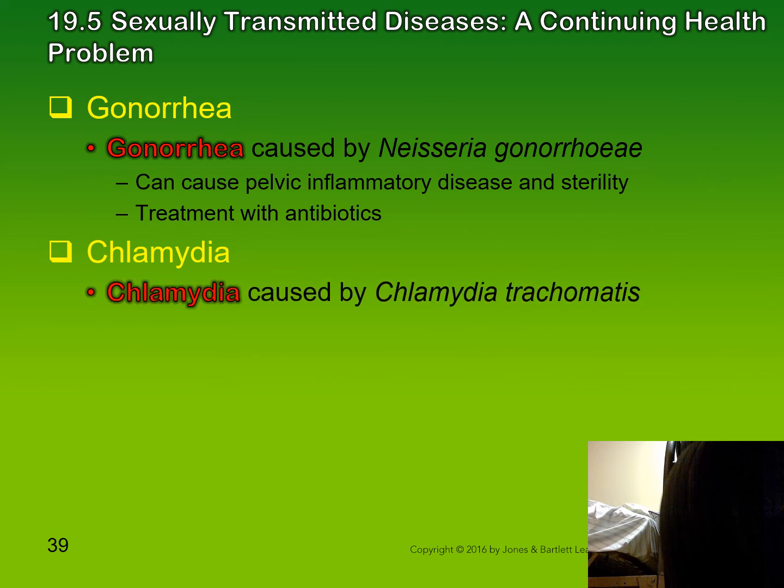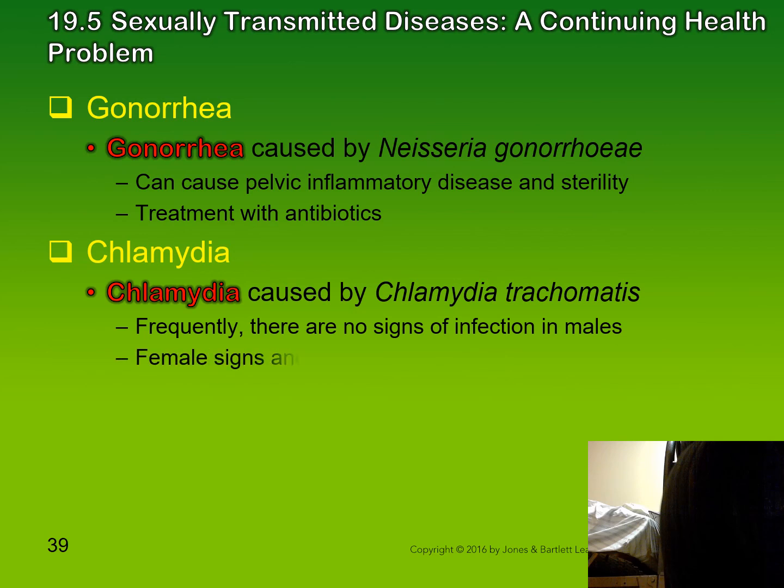Okay. Chlamydia, Chlamydia trachomatis is a causative agent. Frequently, there are no signs of infection in the males, and that's one of the reasons why there's so many cases of it, is because males have no symptoms, so they're not protecting their partners, and they're transmitting the disease.